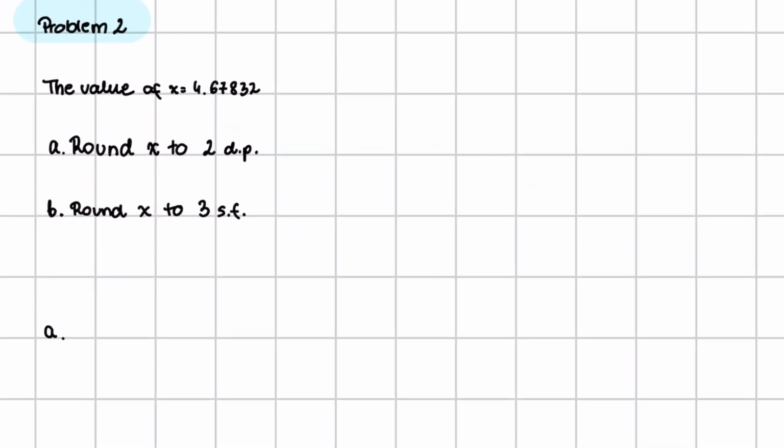Problem number 2, we have the value of x, and firstly we have to round x to two decimal places, and two decimal places are two places after our dot, so it is 6 and 7, and we have to take into consideration also 8, because 8 is greater than 5, so we have to round up our previous number.